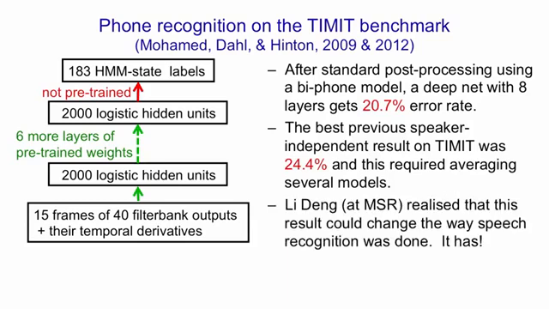Li Deng at Microsoft Research picked up on this result immediately and collaborated on improving it, and this has led to a big change in speech recognition. If you look at this news story, it will refer you to a blog where the Chief Research Officer for Microsoft is talking about the big improvements in speech recognition caused by using deep neural nets.